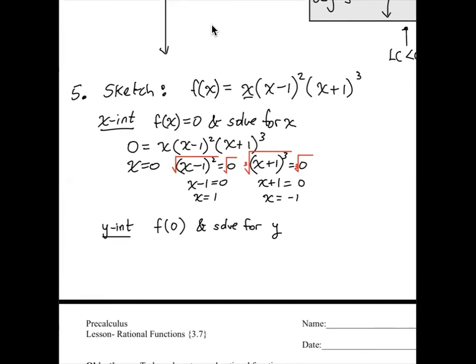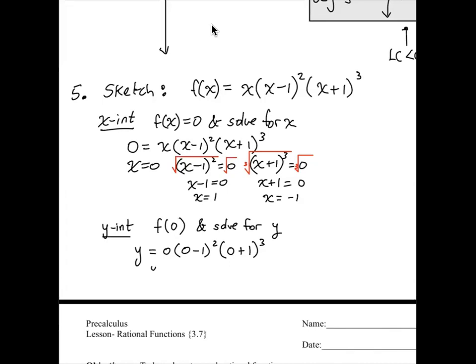And again, since we know that y is a function of x, y equals f of x. So I would say y is equal to 0 times 0 minus 1 squared times 0 plus 1 cubed. And in doing that, we get a result of 0.